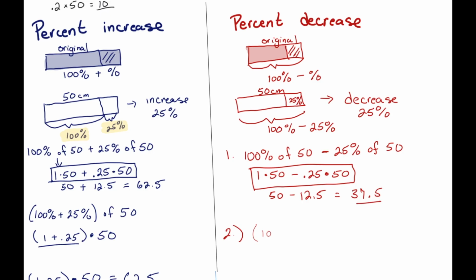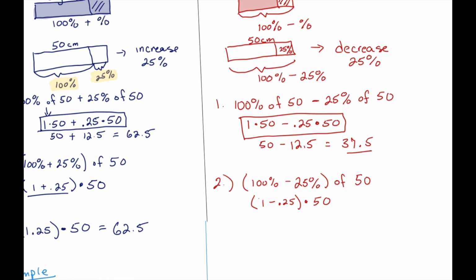Okay, next equation would be just focusing on the percentages. So it's going to be 100% minus the 25% of 50. So if I translate that, that will be 1 minus 0.25 of 50. Okay, and then my third equation is just going to be combining these two percentages. So 100 minus that 25% there, and what I'm actually going to be getting is this section right here.